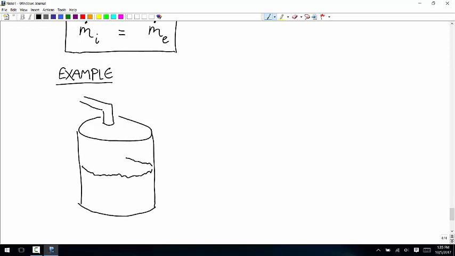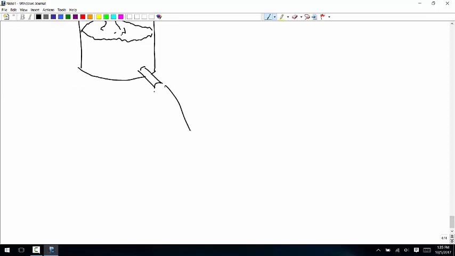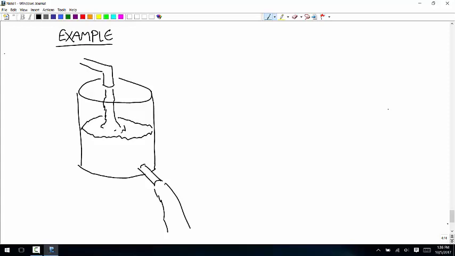There's the level of the water. And down here, there's an outlet, and water's pouring out of this outlet. So this is a barrel filling with water.